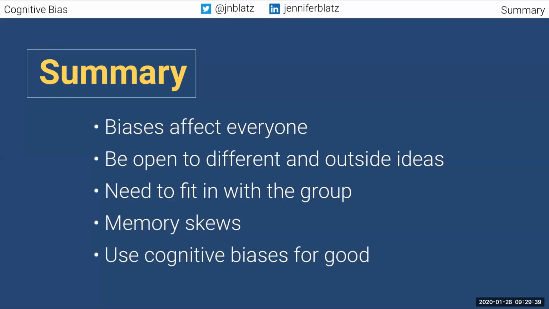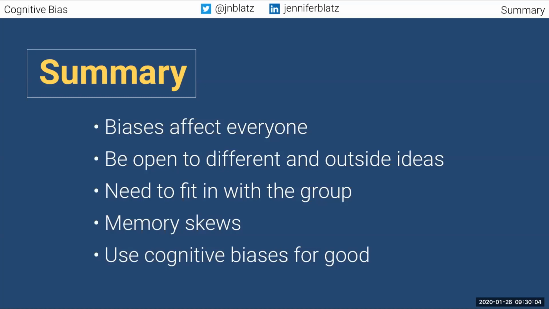So to conclude, I want to revisit a few of the major points we talked about today. We've talked about how biases affect everyone, like the blind spot bias, and how we need to be careful when we're acting as a researcher not to lead the witness. We talked about the need to avoid things like the Semmelweis Effect and to be open to different and outside ideas.